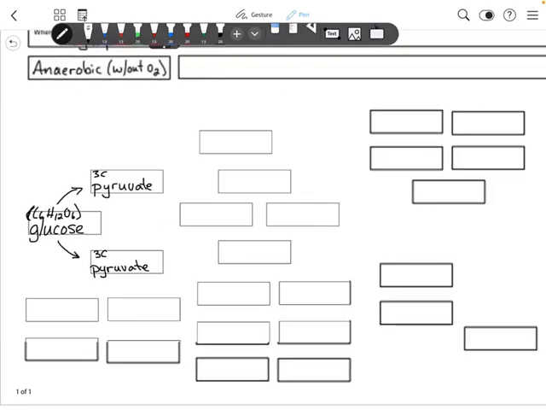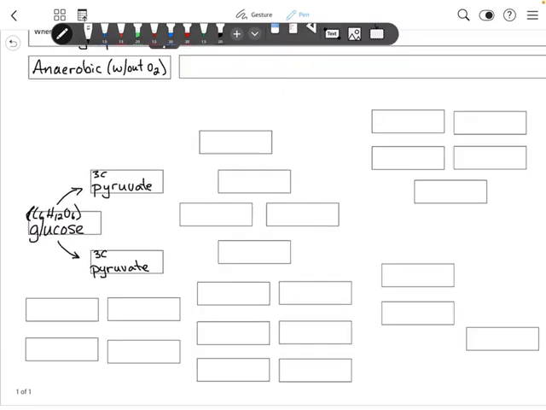Now, there are other chemicals involved in this, but it's not necessary to discuss that at this time. What we're trying to show is that the first stage of glycolysis ends with the production of pyruvate. And then we get into the second stage.